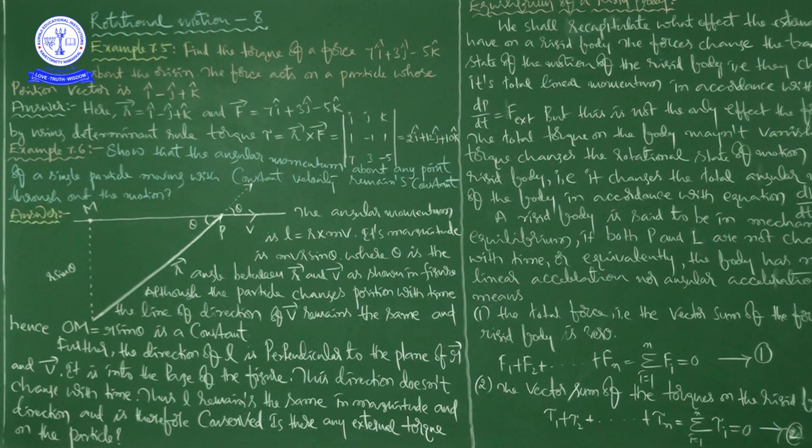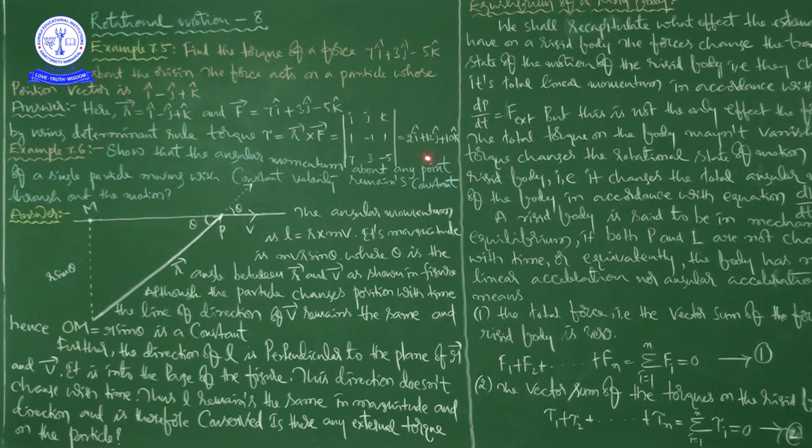Then here, 3 minus of minus 7, 3 plus 7, it is 10. So 2i plus 12j plus 10k, that is 2i cap plus 12j cap plus 10k cap.